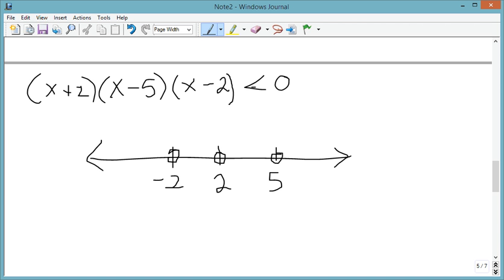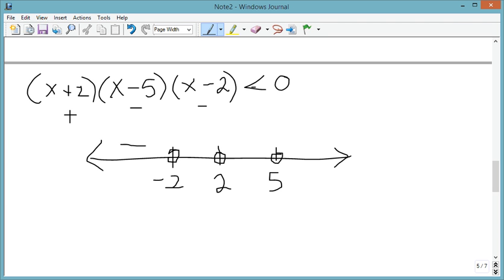So we try a -3. So this one would be negative, this one would be negative, this would be negative. When I multiply 3 negatives together, I get a negative. Look at the second one. With 0 would work. Then I have a positive, I have a negative, and a negative.